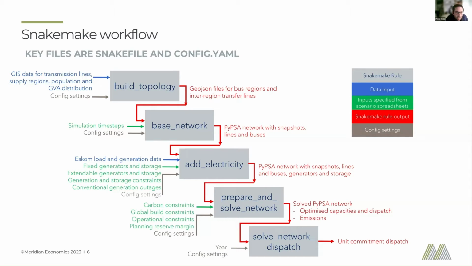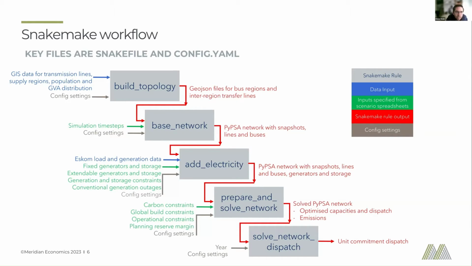There's quite a lot of information that goes into this, but essentially we take existing generators and storage, we look at their GPS coordinates, find out where they are, attach them to the closest bus, and then provide all the performance data for those different plants. So it could be technical, so installed capacity, ramp rates, fuel consumption, all of that.